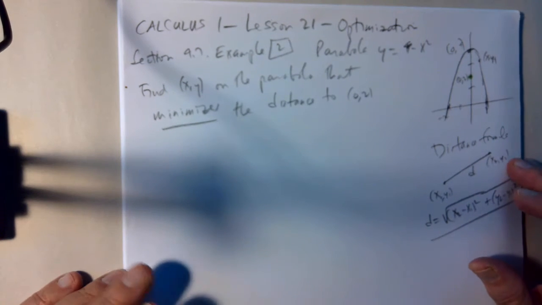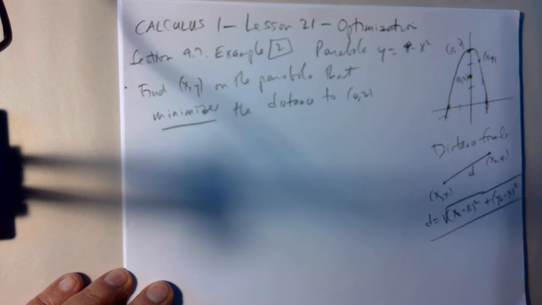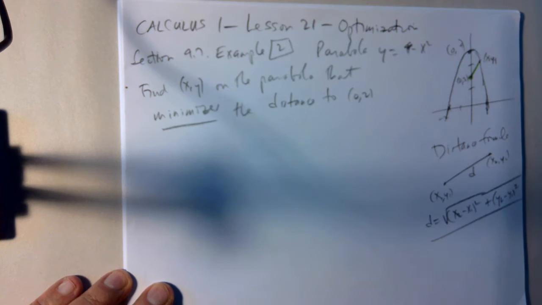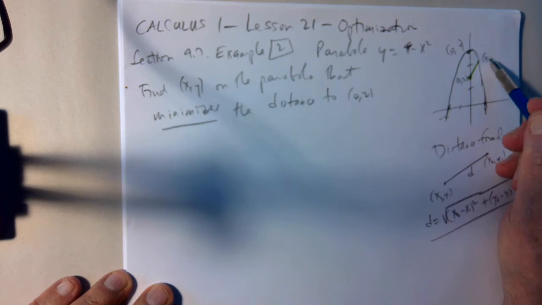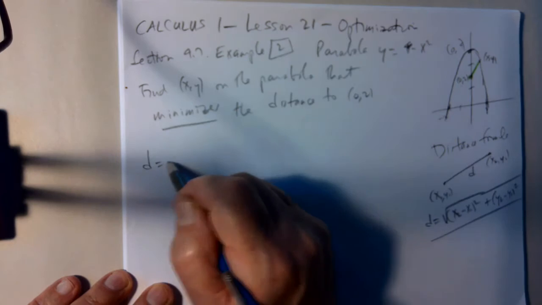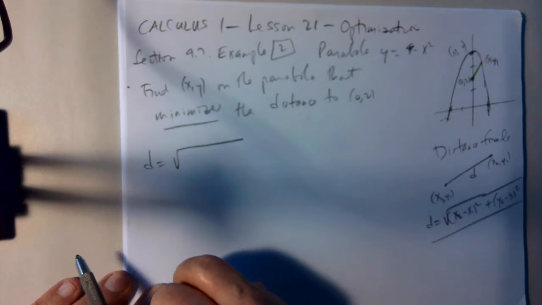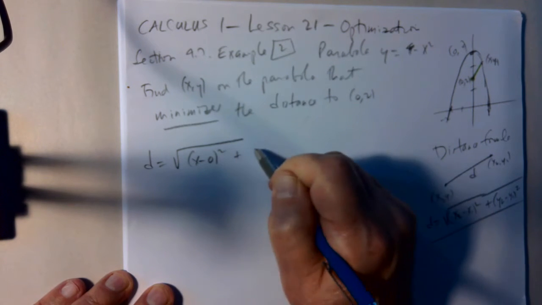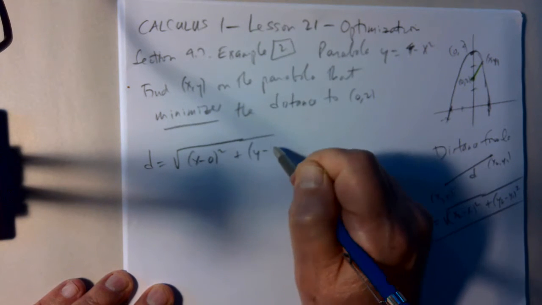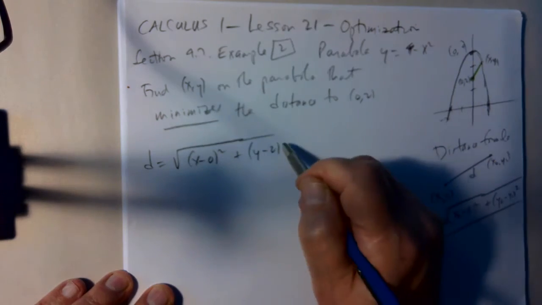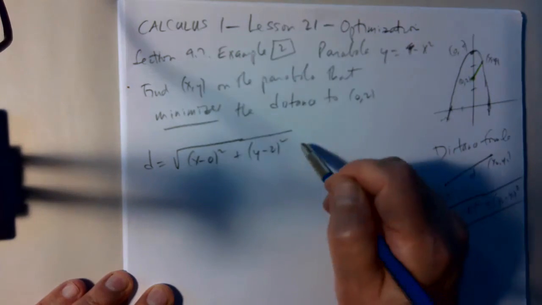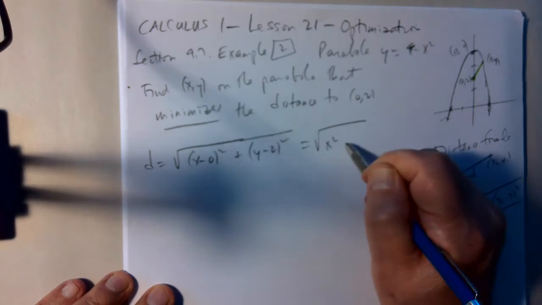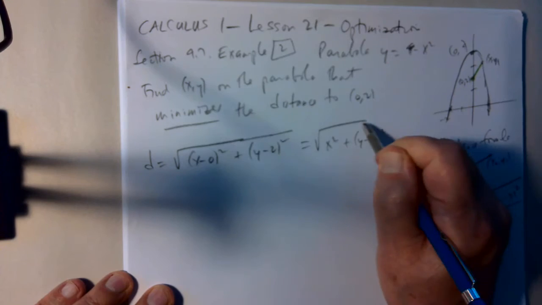That's the distance formula. So here, if we take any point x, y on the parabola, the distance from x, y to 0, 2 is the square root of the difference of the x coordinates, x minus 0 squared, plus the difference of the y coordinates, y minus 2 squared. So this is the square root of x squared plus y minus 2 squared.